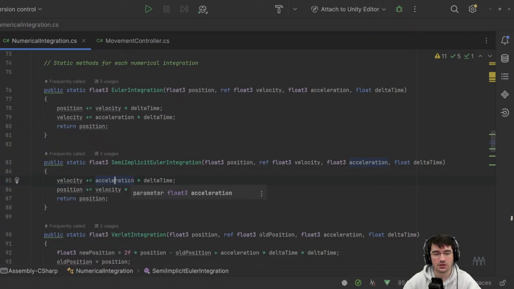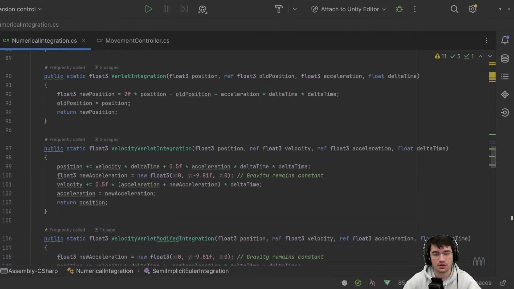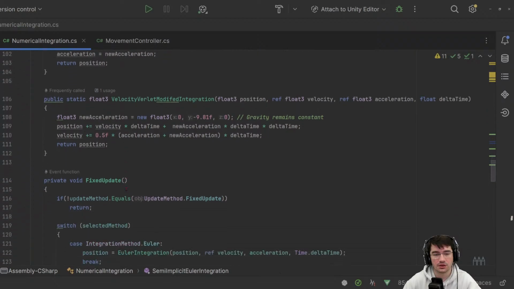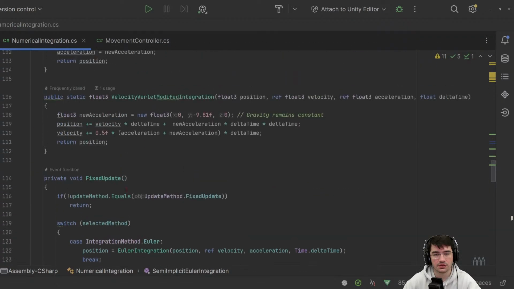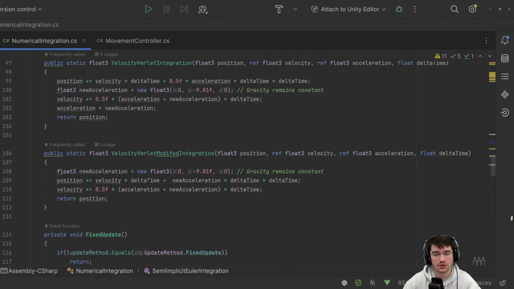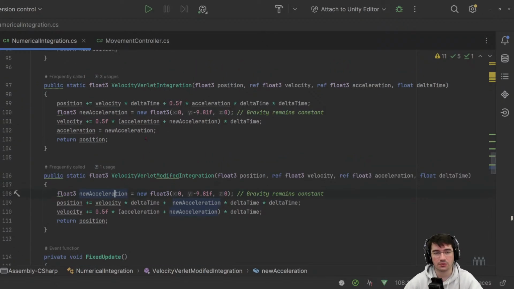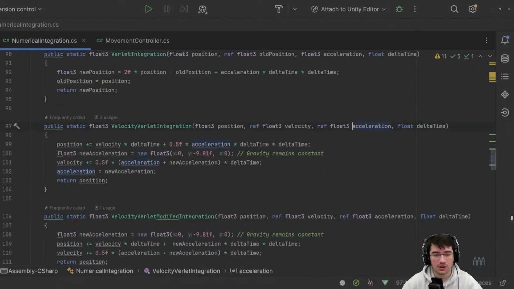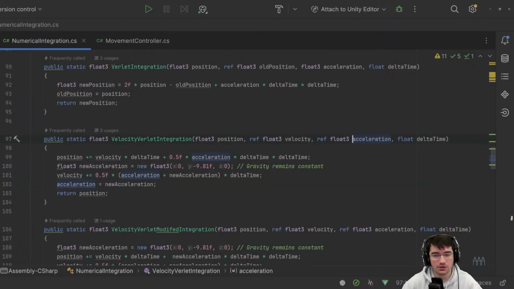Yeah, acceleration plus velocity and then position update. And this one is having the new acceleration, which will be basically, I assume, the same as the acceleration.